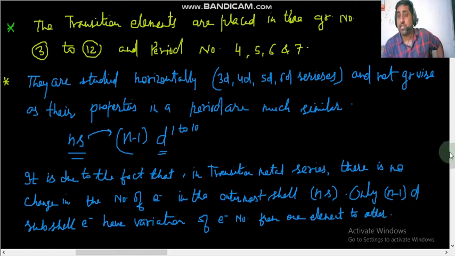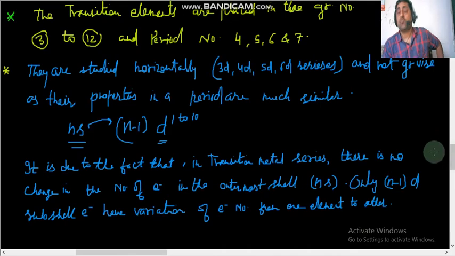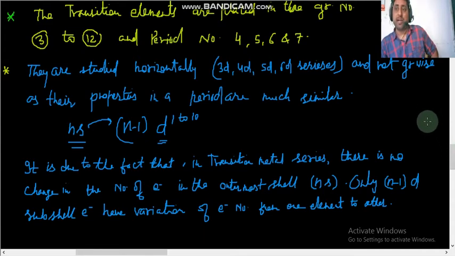Now the question is why the S block and P block elements have similar properties in a group. Because in a group, if you remember, the valence electron configuration of one group is fixed. Suppose in the first group it is ns1, in the second group you can say it is ns2.